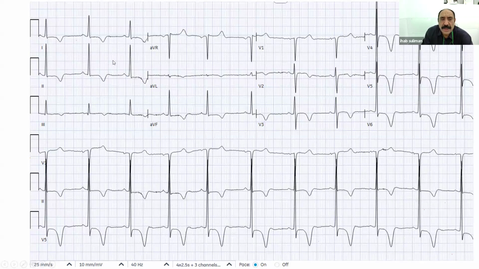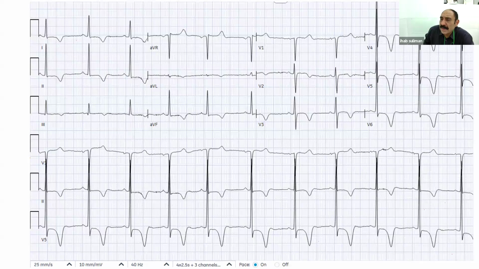Sometimes there are deep Q waves and there are ST-T changes. It can occur with severe LVH due even to hypertension. It can also occur due to cardiomyopathy. It can occur also due to a stroke, such ECG changes. And sometimes it can occur due to LAD ischemia.